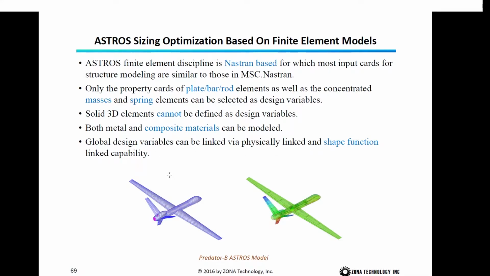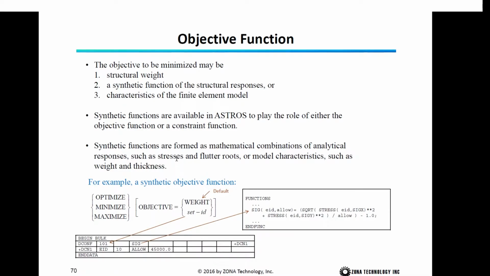An objective function in ASTROS, the default is to minimize the structural weight, or you can define a synthetic function of the structural responses or characteristics of the finite element model as the objective function. Synthetic functions are available in ASTROS to play the role of either the objective function or a constraint function.